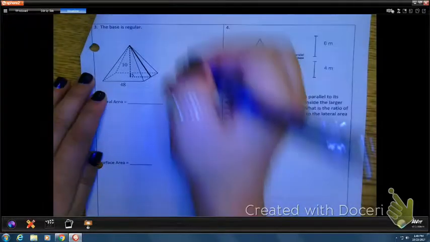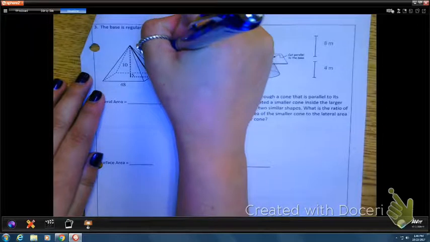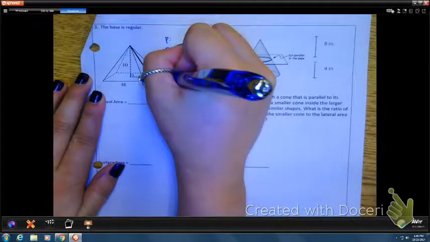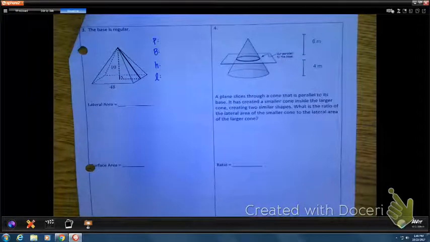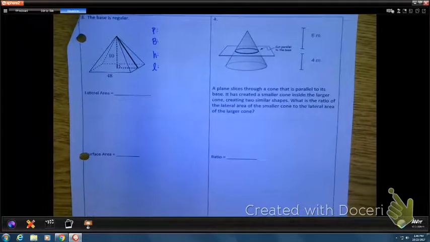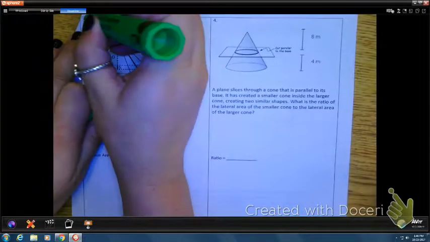Okay, start with finding perimeter of your base, area of your base, height, and slant height. Begin. 4 minutes. Keep in mind that it says that your base is regular.